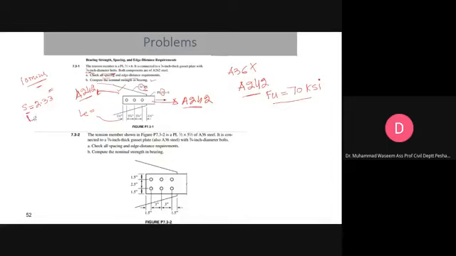Le is 1.5 inch. This is the requirement of the code. Okay. H is 15/16 inches. This Lc is 1.031 inches.